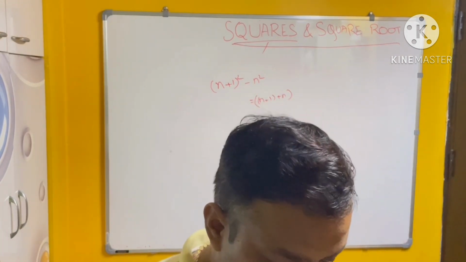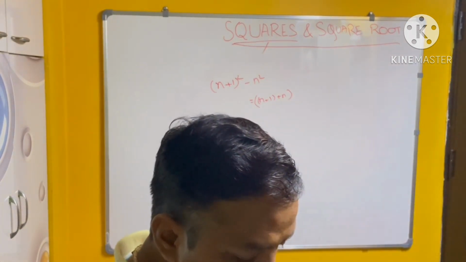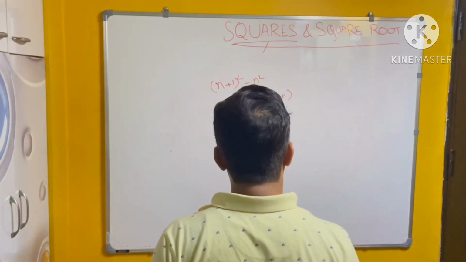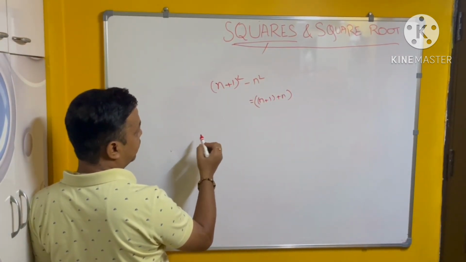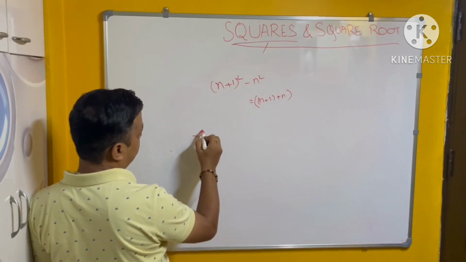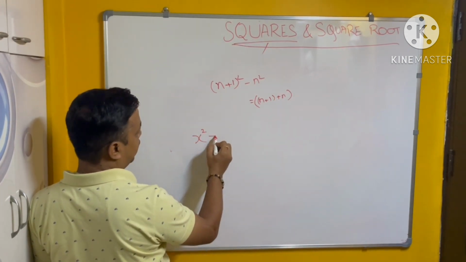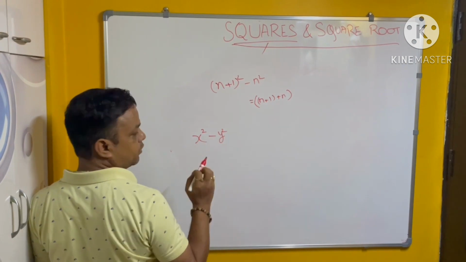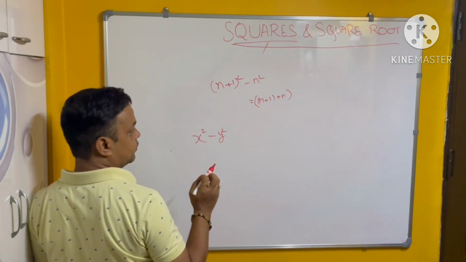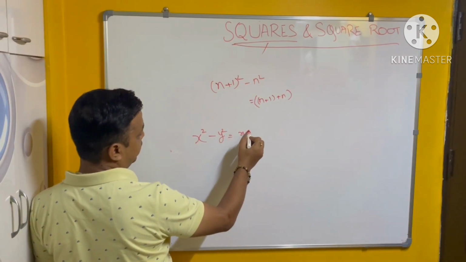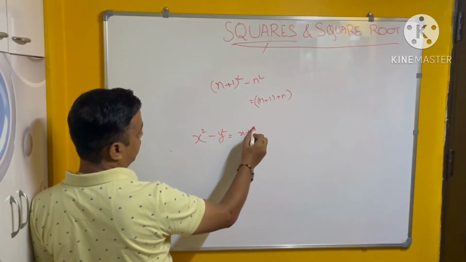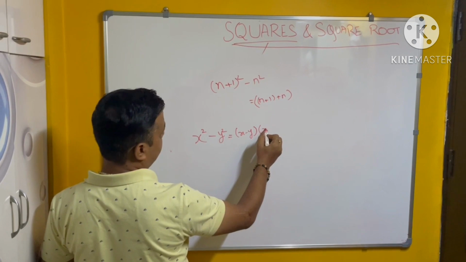Here it is a formula, a general algebraic formula, where we say x square minus y square is (x minus y) and (x plus y).